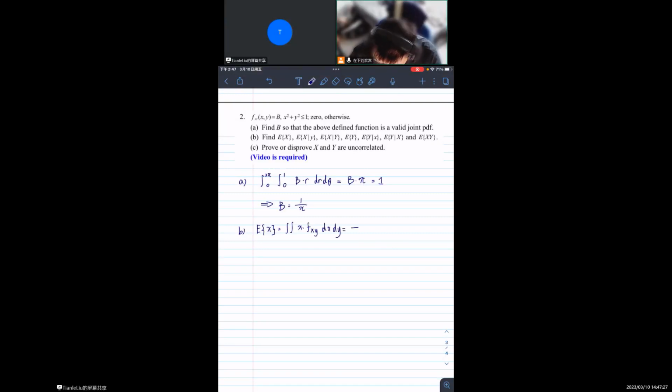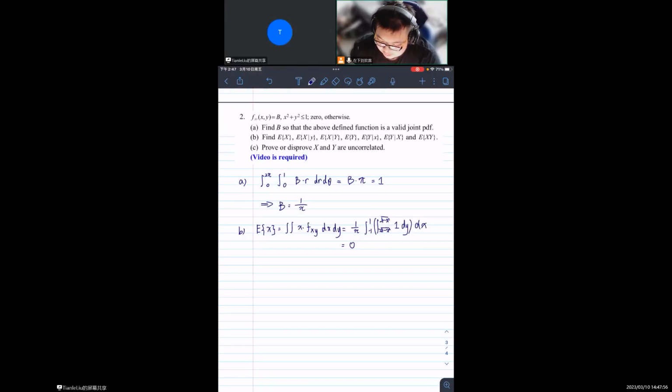To calculate it, we will write it this way. And by the integral calculator, we get that this equals 0.